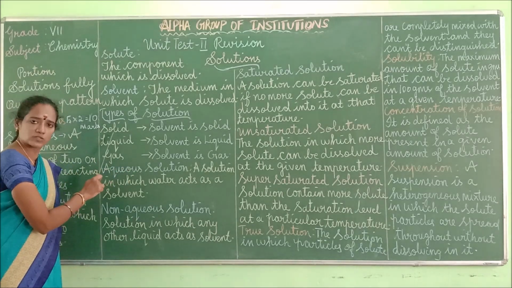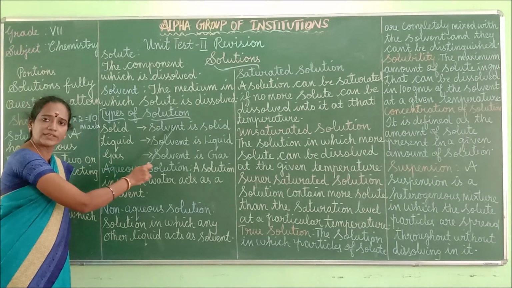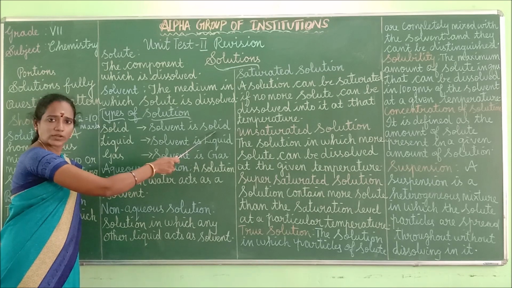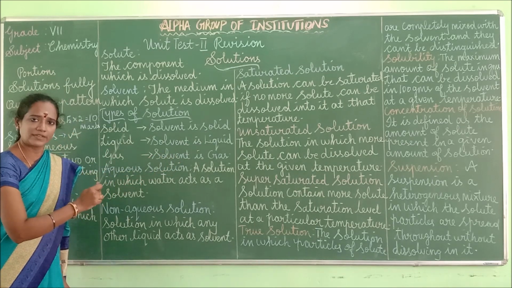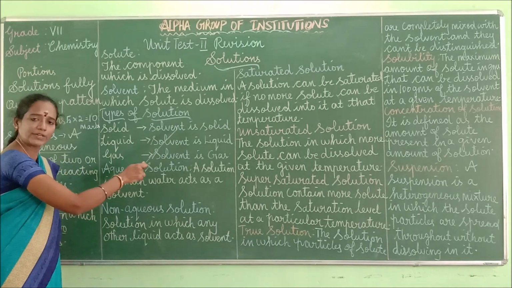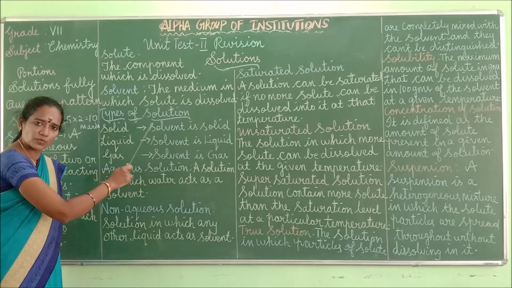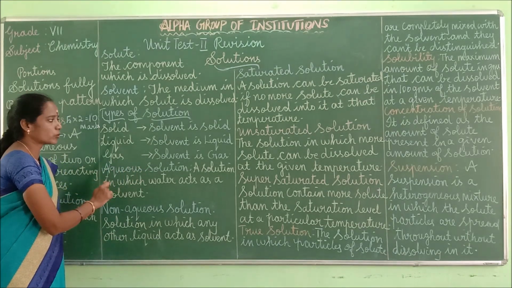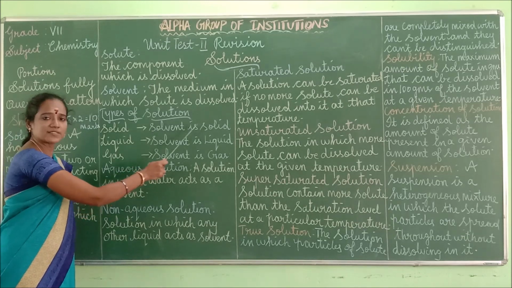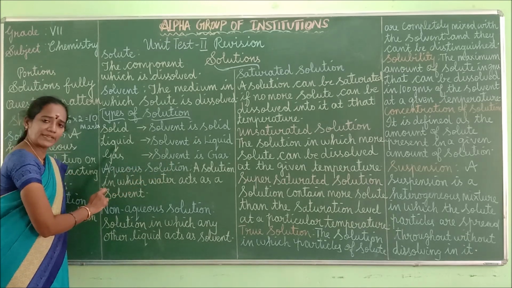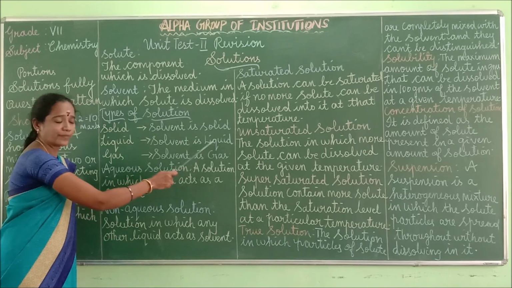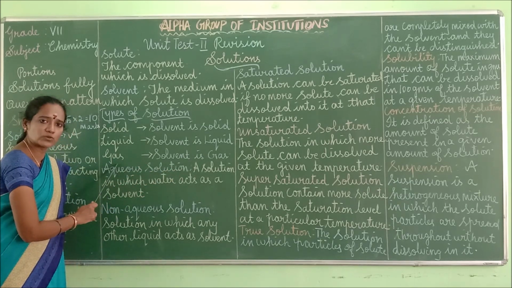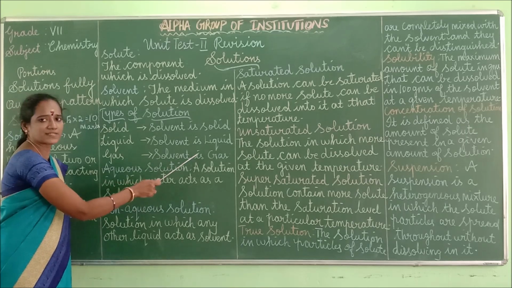In solid solutions, the solvent is solid only. Examples we have already discussed, so no need to write the example. Just mention that in solid solutions, the solvent is solid. Next, in liquid solutions, the solvent is liquid, whereas in gaseous solutions, the solvent is gas.